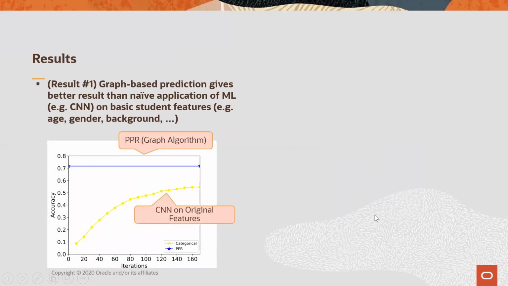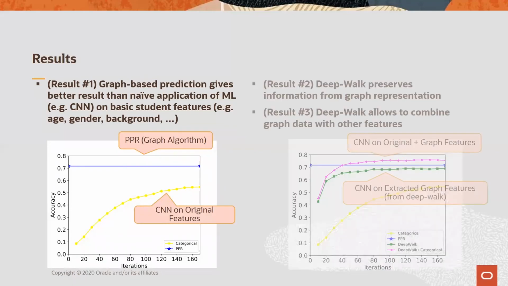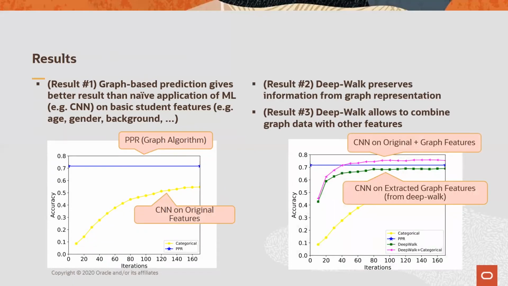So whenever you have a problem where relationships play a role, you may want to consider graph analytics, and you don't necessarily need a convolutional neural network approach in order to get pretty good results, right? We then, as I mentioned, combined the approaches.